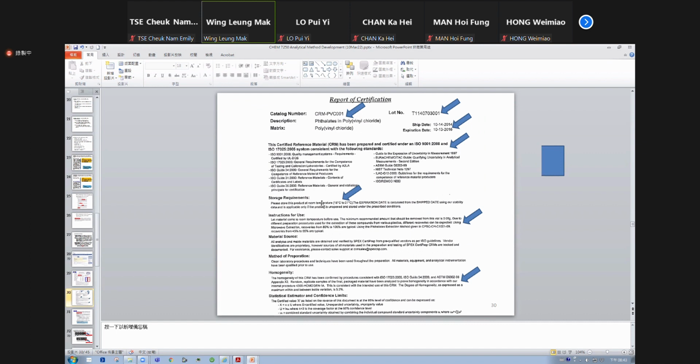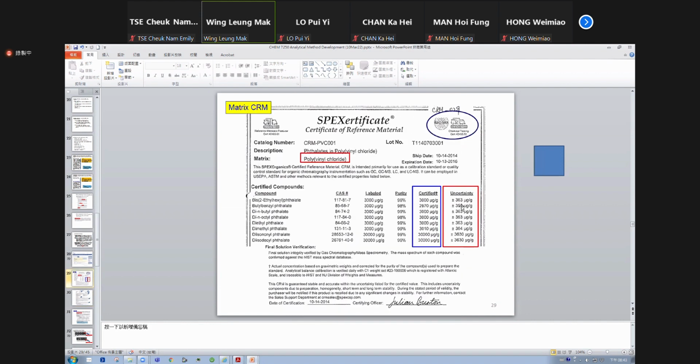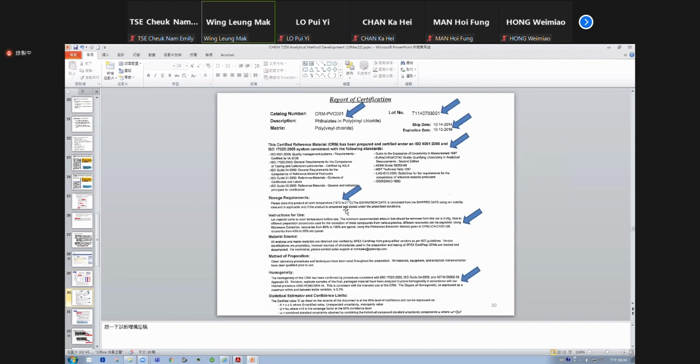Storage condition, when you receive it, check this very carefully. If the storage condition is changed, you cannot ensure the result you get from this CRM. So we need to check this information.